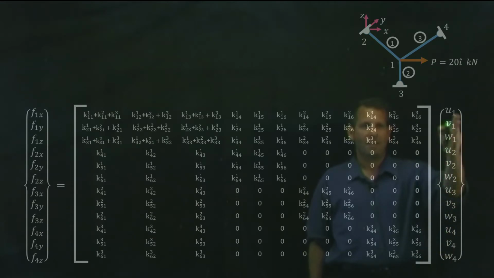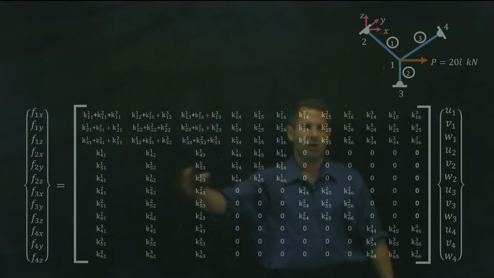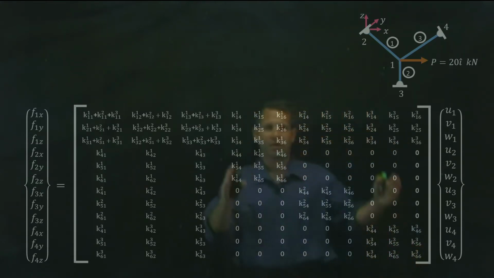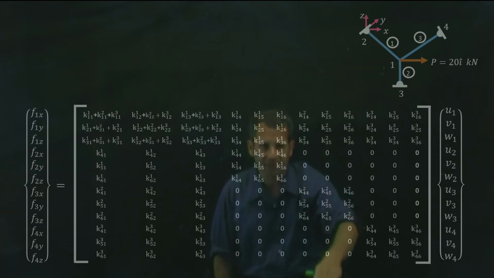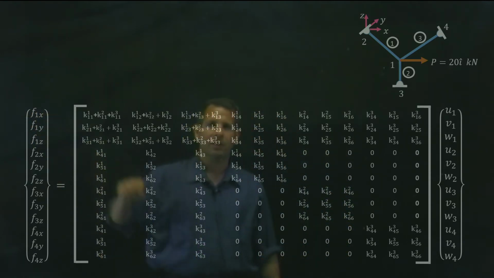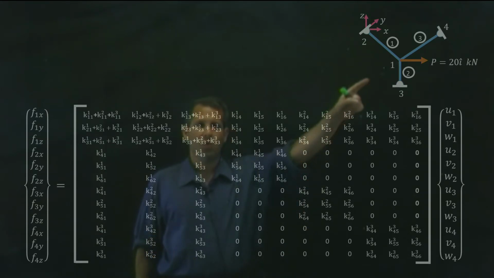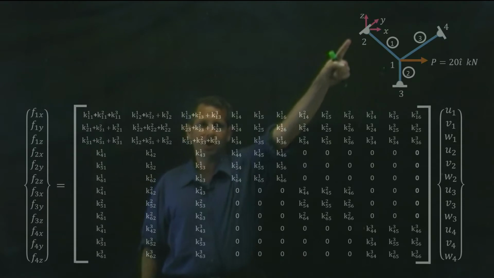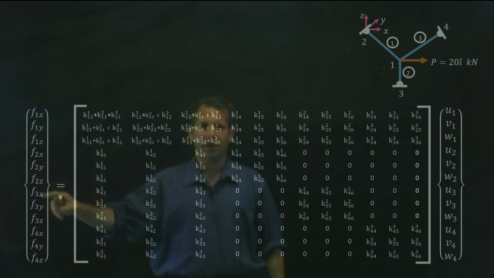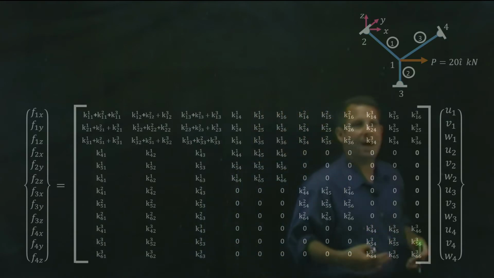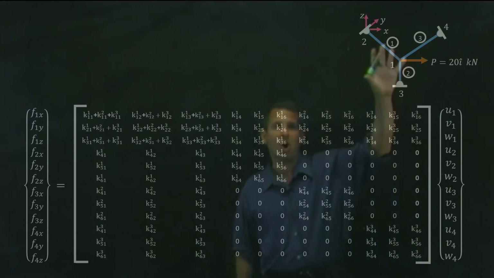When I multiply this first column by U1, the second column by V1, the third column by W1, and so forth, the result, remember this represents 12 equations, will solve for the force applied to node 1 in the x direction, the y direction, the z direction, node 2 in the x direction, y direction, and z direction, and so forth.